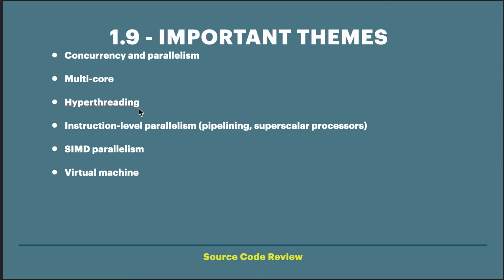Now you also have SIMD parallelism. This stands for single instruction, multiple data parallelism. Now, what does this mean? Oh, sorry. Superscalar processors are basically processors that have instruction level parallelism to a high degree.